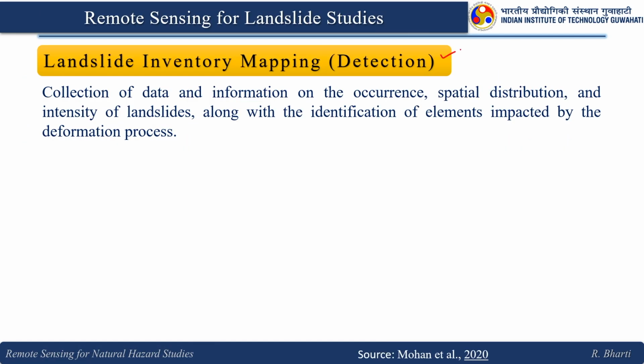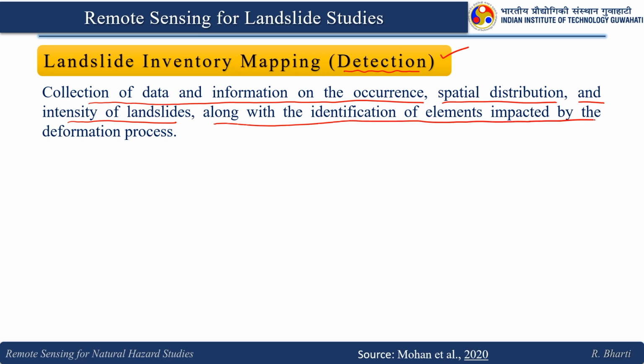So let us talk about the landslide inventory mapping. So that is basically your detection. Collection of data and information on the occurrence, spatial distribution and intensity of landslide, along with the identification of elements impacted by the deformation process.